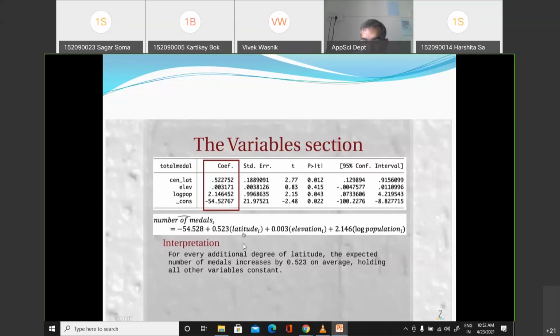Because we are trying to prove that there is a significant effect of these variables. That is our alternative hypothesis. There is a significant effect. So what will be the null hypothesis? There is no significant effect. No significant effect implies coefficient is 0.